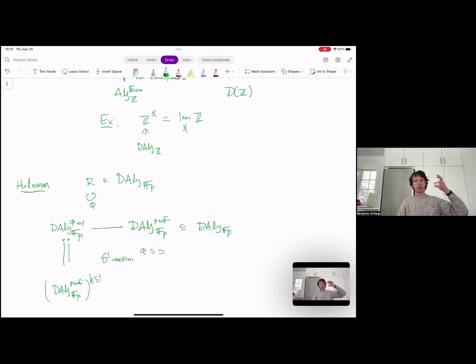So it's the structure of a derived commutative F_p algebra where the Frobenius is an equivalence and where you've also, in a coherent way, trivialized the Frobenius. This is now saying that the Frobenius is actually equivalent to the identity. And these are going to be my p-Boolean derived commutative rings.